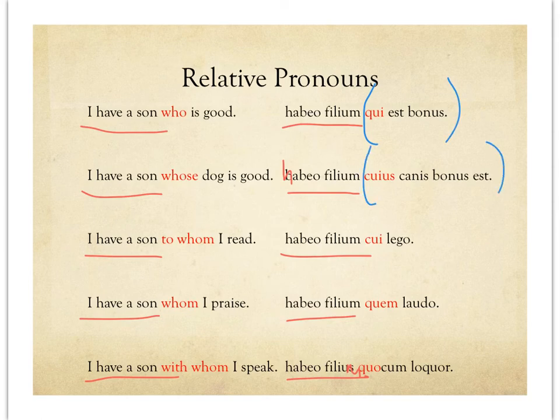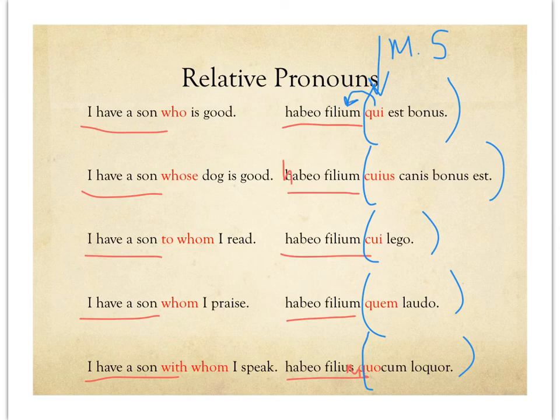So these are all our cases. And you can see that the case that they take really depends on the job that they're doing within their own clause. So all of these pronouns are masculine, and all of these pronouns are singular because they all refer back to the son, who is masculine and singular.